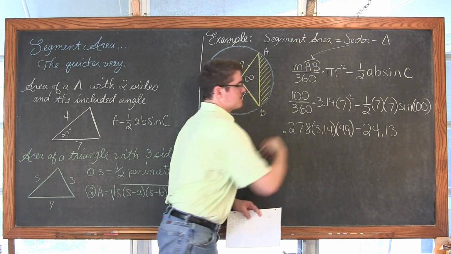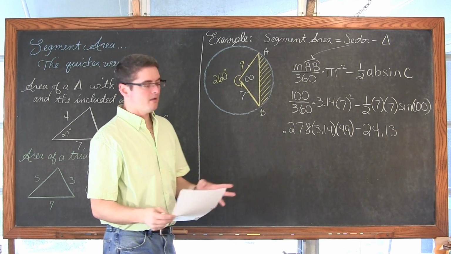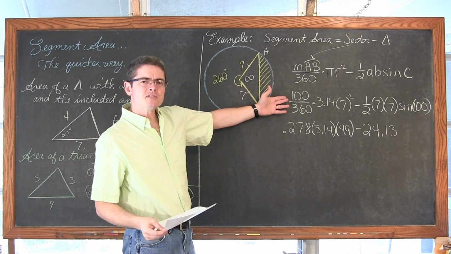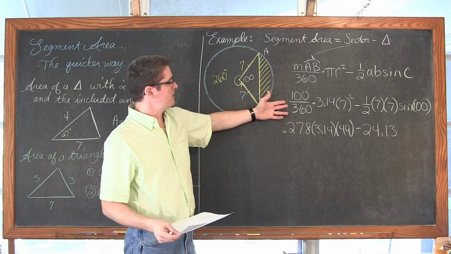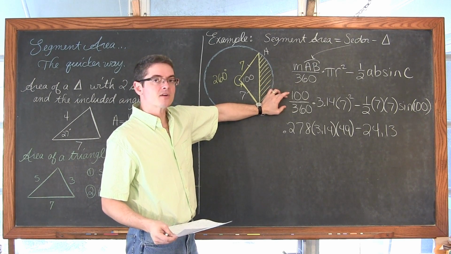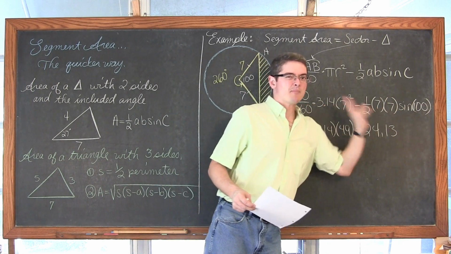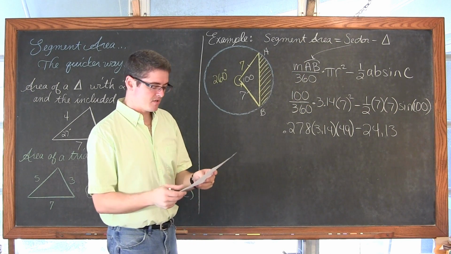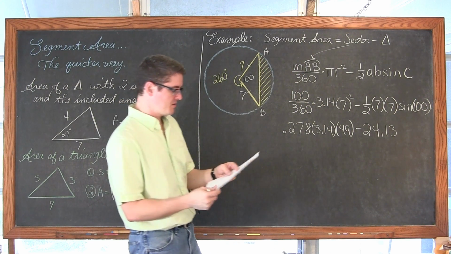When you get this mess typed into your calculator, if you have a 2-line scientific calculator or a calculator where it's very easy to enter fractions, honestly, I would just type all this in at once and get the answer just like that. I'm just showing you some steps, though, if you need it.